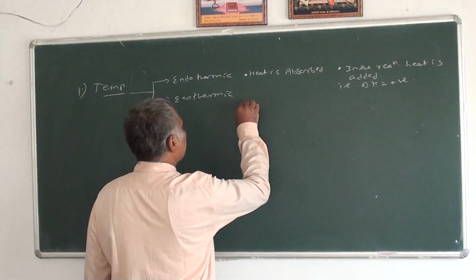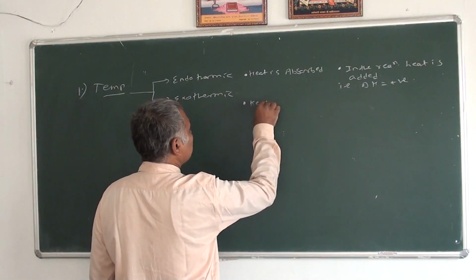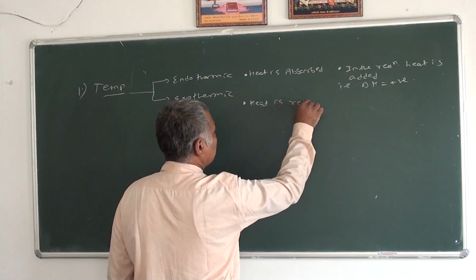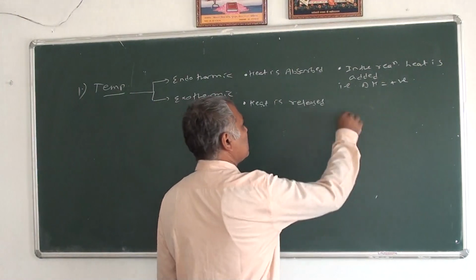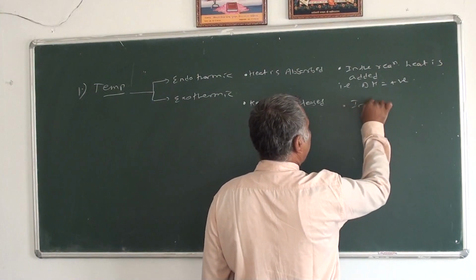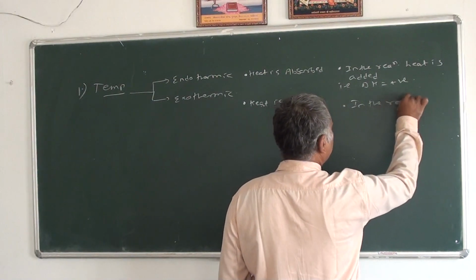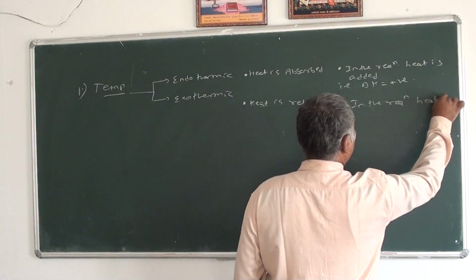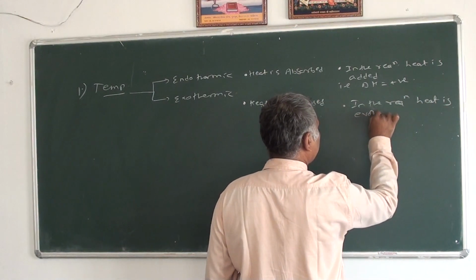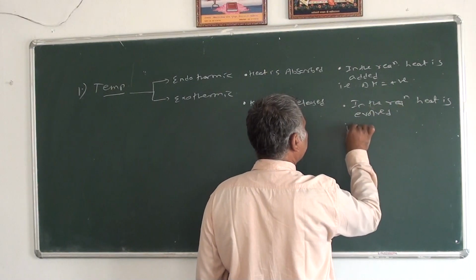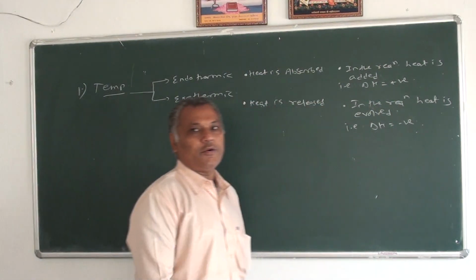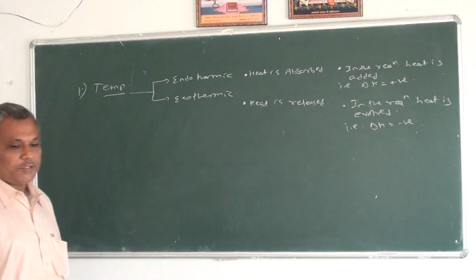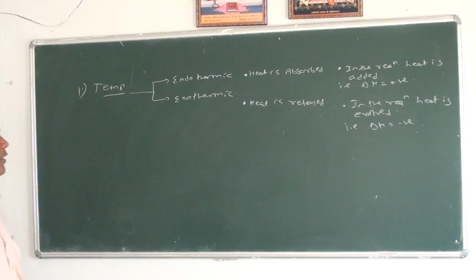For the exothermic reaction, heat is released. That means in the reaction heat is evolved. Delta H will be negative. For such a reaction, the delta H will be negative.